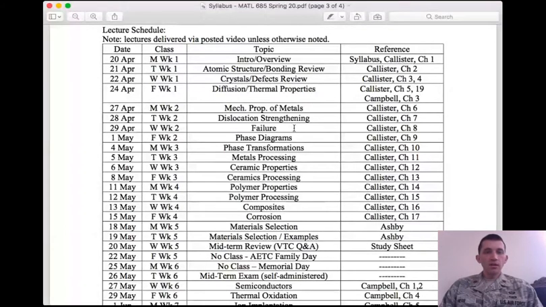And then talking about how materials fail, and then moving on to the structural portion, helping to understand why different metals have different mechanical properties, and how they are changed based upon the structure. So we'll be talking about metals here for the next week or so.